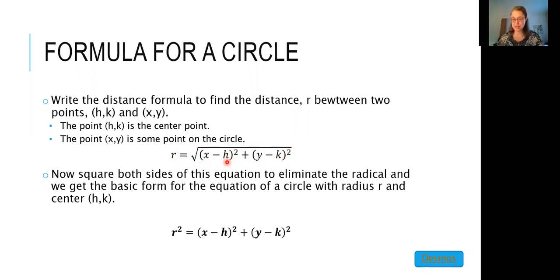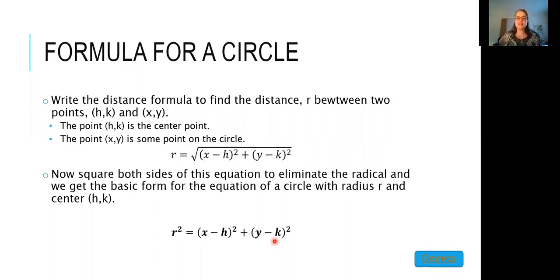It's an arbitrary specific spot right now, but it's a special specific spot. Now, to make this equation easier to work with, we generally square both sides and write it in this form right here. We write it as r squared equals x minus h quantity squared plus y minus k quantity squared.